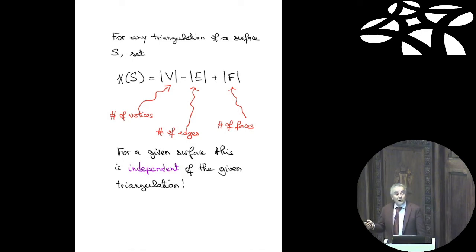And the crucial result, which is due to Euler, is that this is independent of the given triangulation. Maybe it's not due to Euler, since Euler only stated it for convex surfaces, in which case the Euler characteristic is always 1.